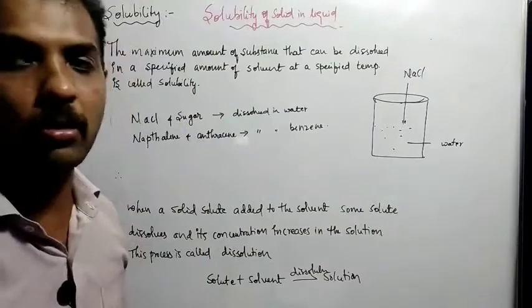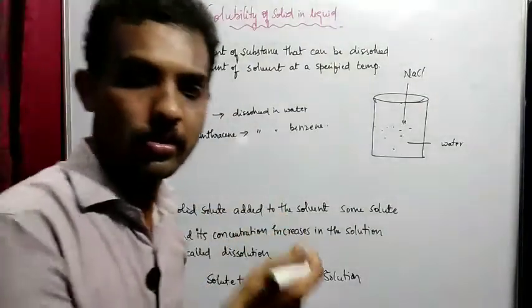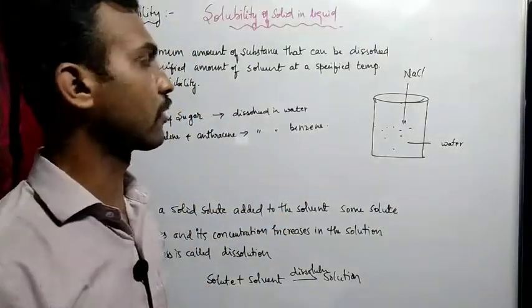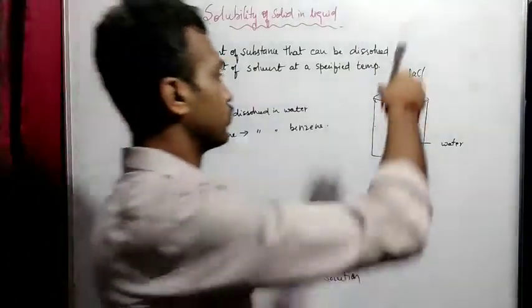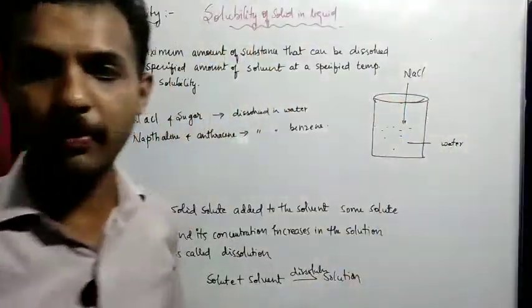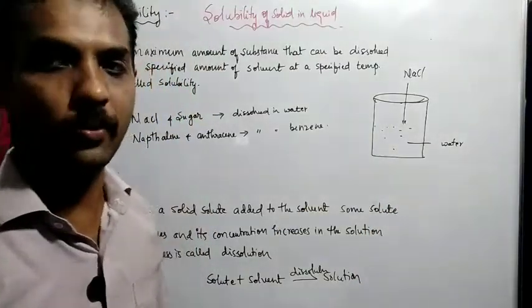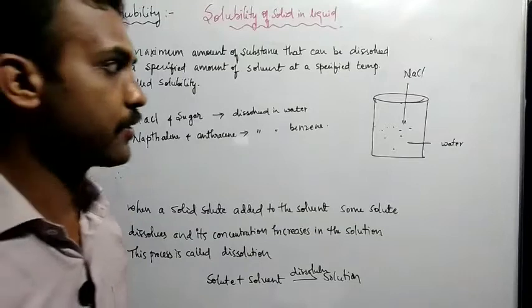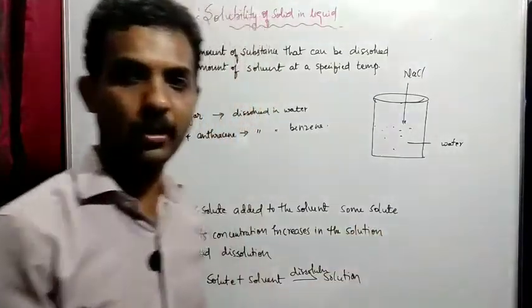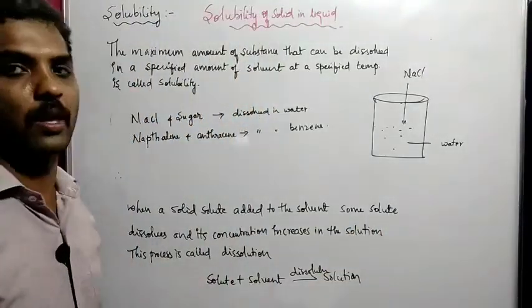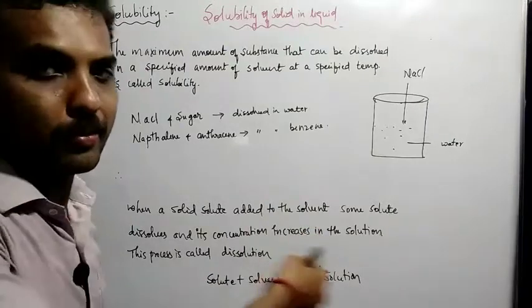More and more solute gets dissolved, and that process we call dissolution. The sodium chloride will disappear. Where is it going? It means sodium chloride is dissolved in water.